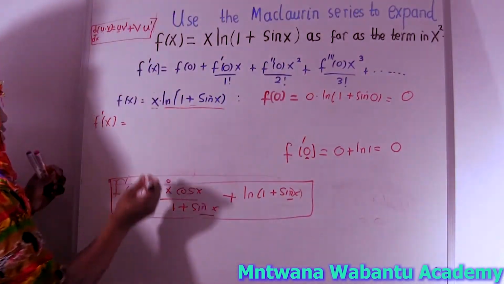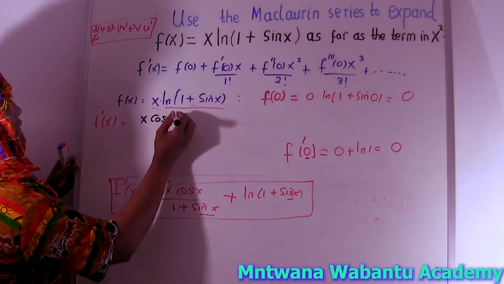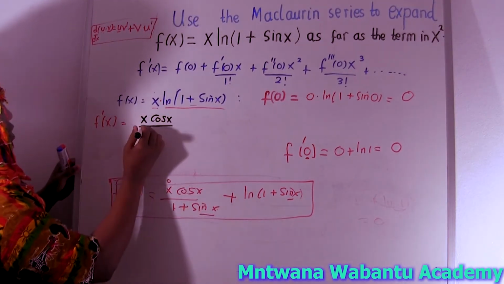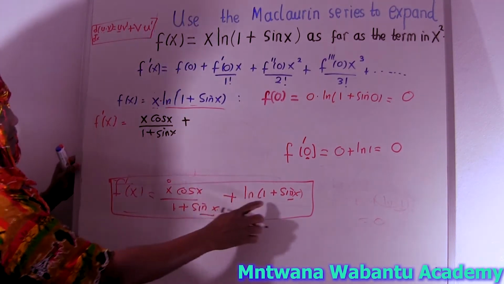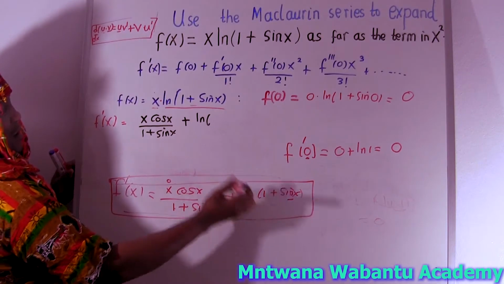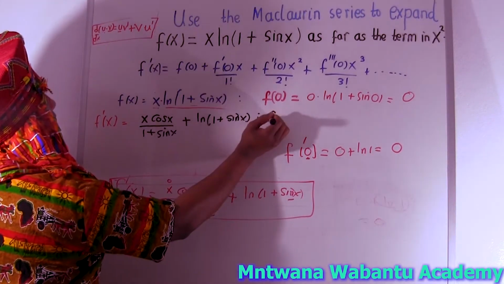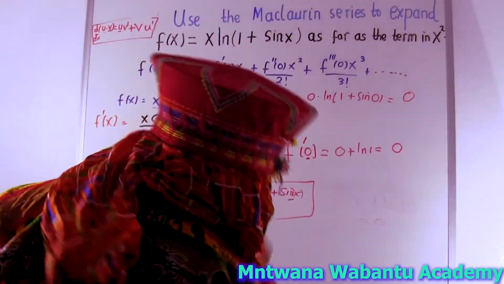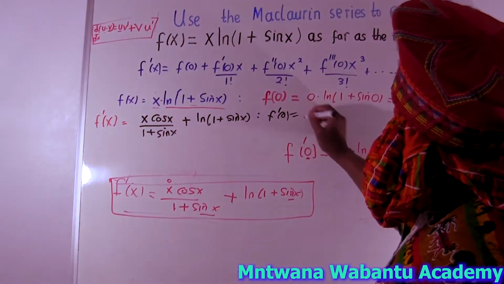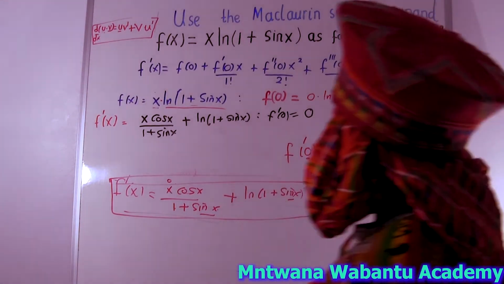I'm saying f prime equals x cos x over 1 plus sin x, plus ln of 1 plus sin x. But f prime of 0 equals 0.